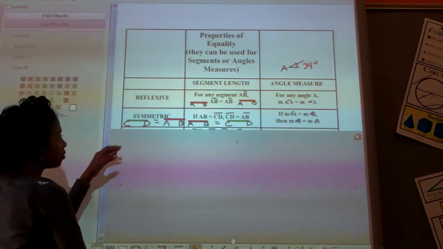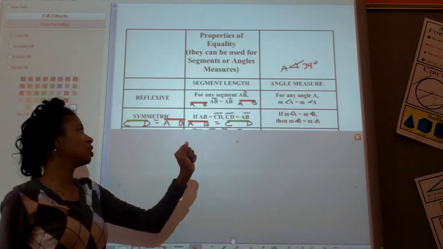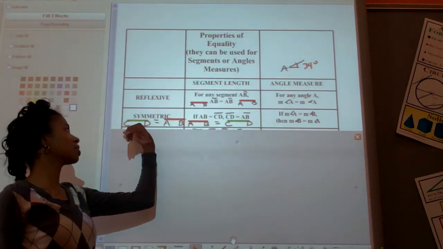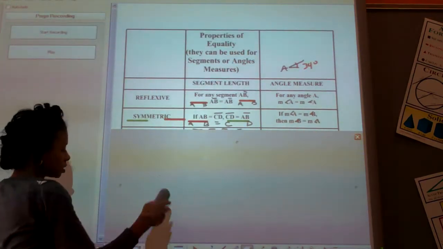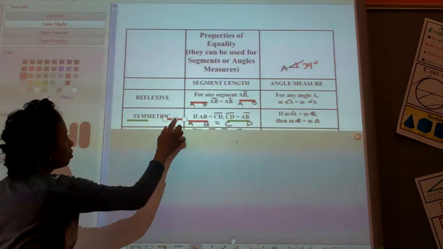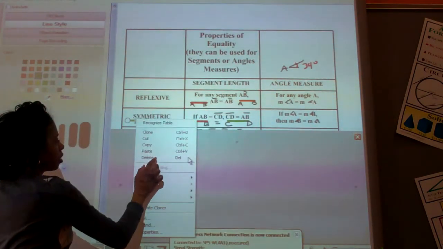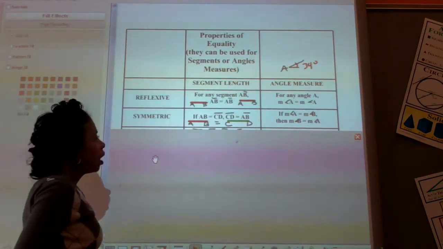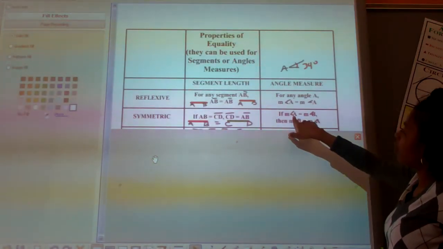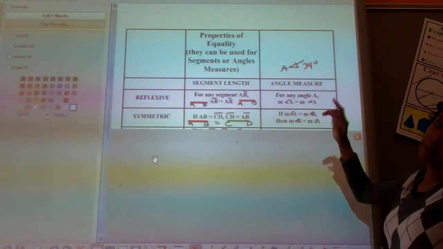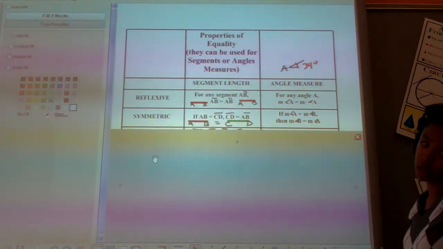So segment AB is equal to segment CD, but I could also write this the other way and say segment CD is equal to AB. They're both one and the same. I can use that for a segment, and I can also use this for angle measure. If the measure of angle A is equal to the measure of angle B, it can be swapped. Whatever the measure of angle B is, it's also equal to the measure of angle A.